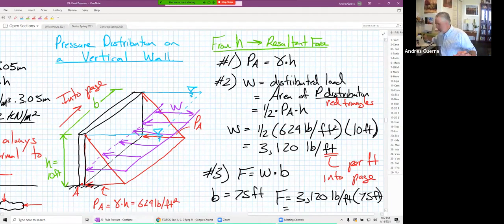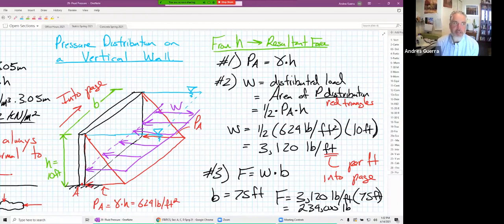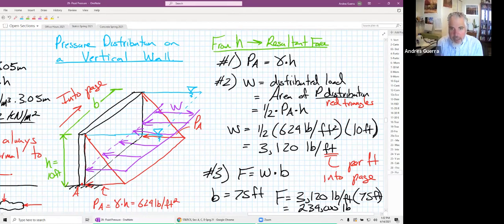So 3,120 times 75, 234,000 pounds that's acting on that whole swimming pool wall, assuming that it's exactly 10 feet deep for the whole length of that wall. So 234,000 pounds may not tell us very much about how we need to design this thing. And then also, where does that F act?